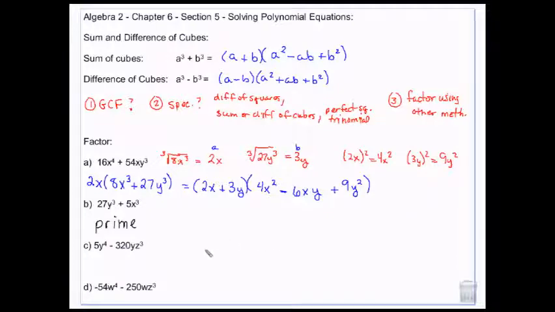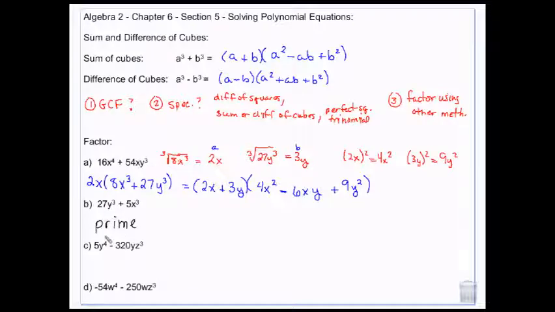So if you can't factor anything out and they're not a perfect square trinomial, or sum or difference of cubes, or difference of squares, and there's no other methods to factor with, you're done. It's just prime.